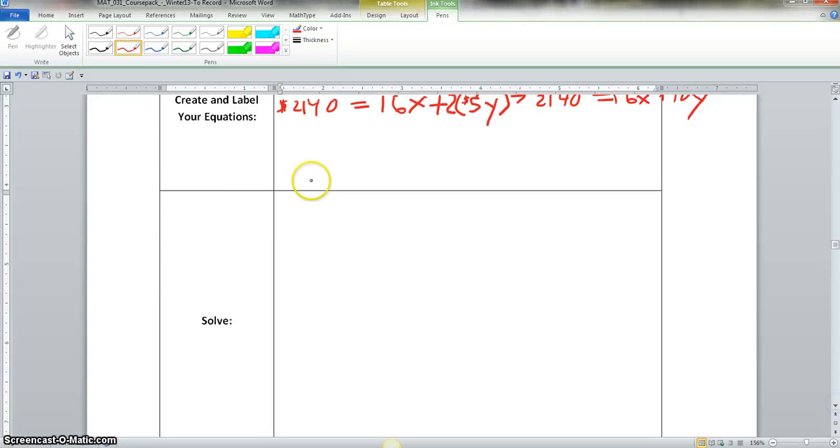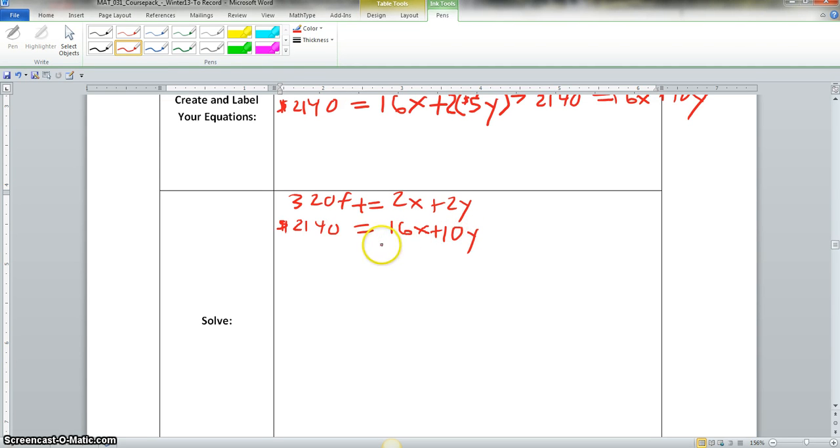So this is how we would go about doing it. We will write our 320 feet, and that's equal to 2x plus 2y. And then we will have our $2,140, and that's equal to 16x plus 10y.